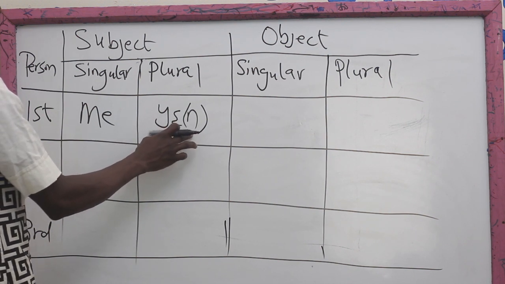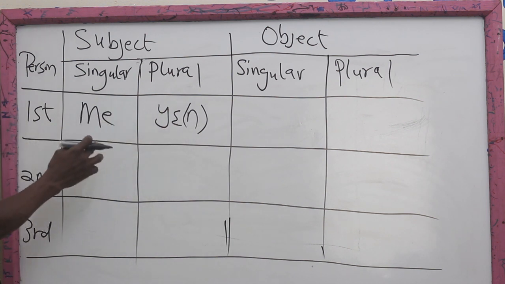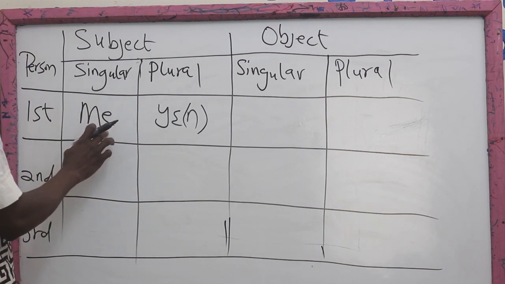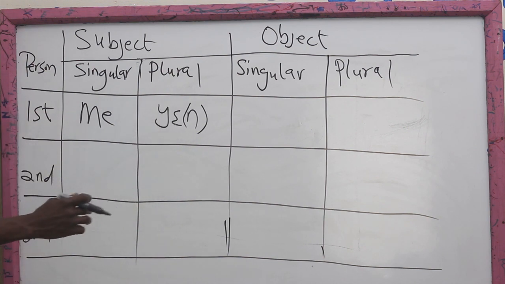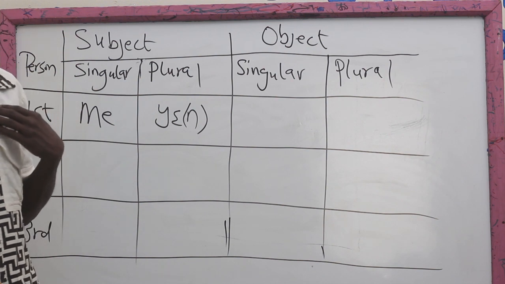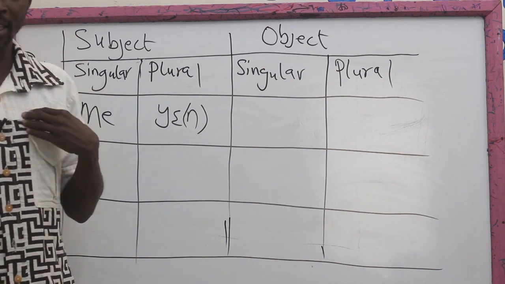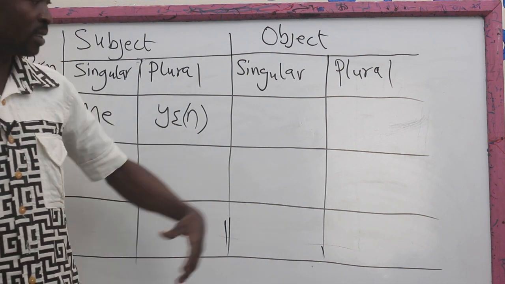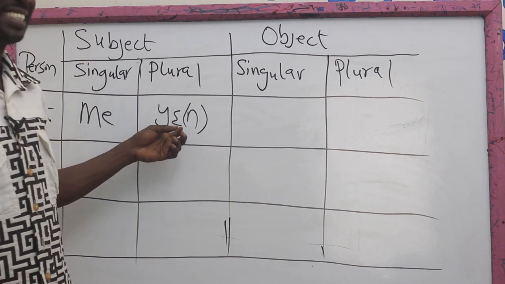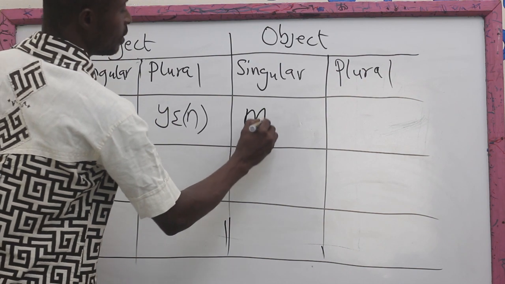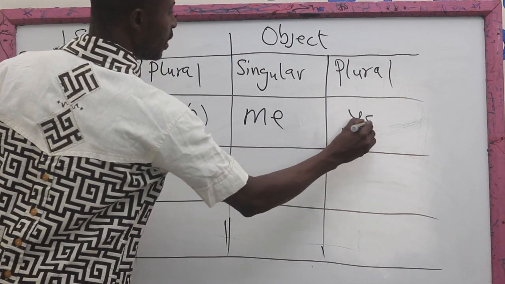That is why I've placed this in parentheses, and you will get more into that. So if I'm the only person, that's the first person, I. And if I have other persons with me, then we, that is ye. And with the object case, it's the same thing. It's me and the same ye.